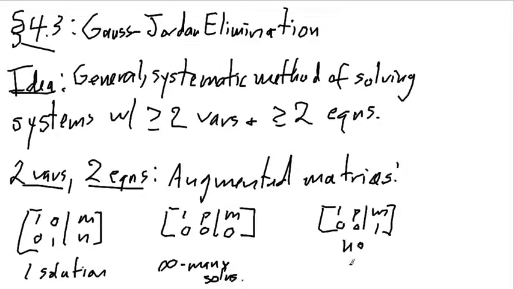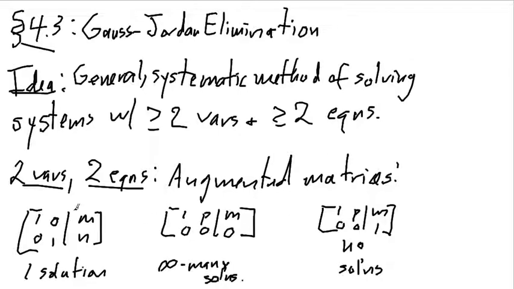And when we were here, we had no solutions. Why? Well, here, the first variable is m, the second is n. Here, the bottom equation doesn't tell us anything, whereas the top just gives us a relationship between the first two variables, so we're on a line. The last one says 0 is equal to 1. That's not true, so that's just not possible.